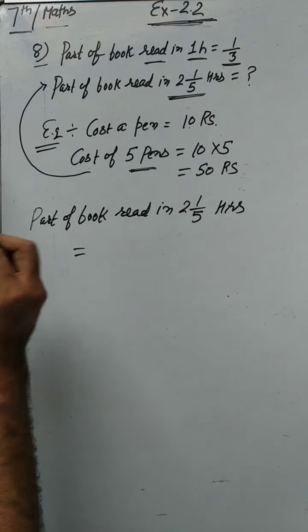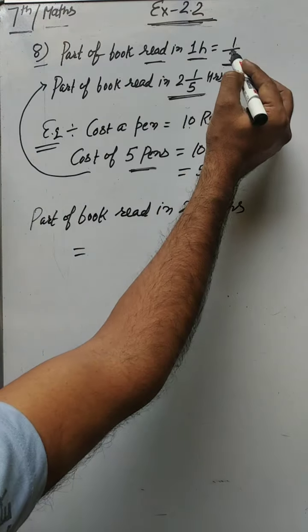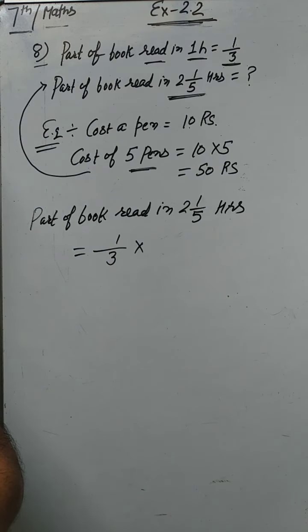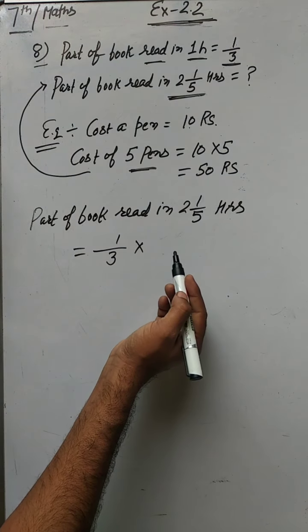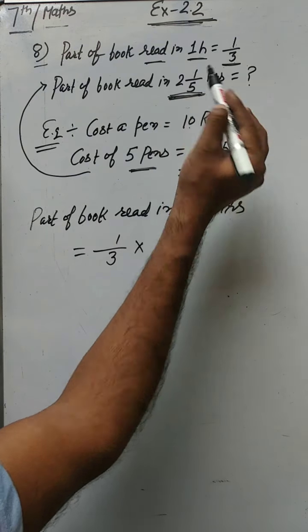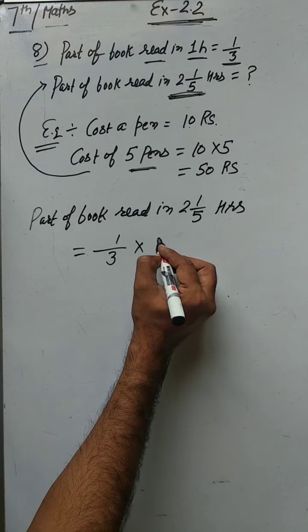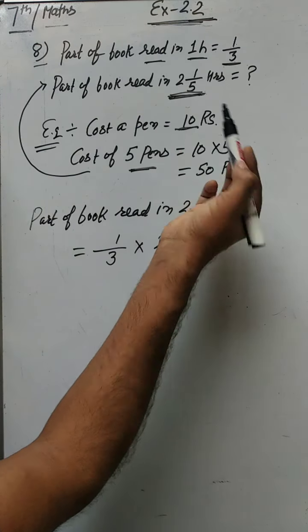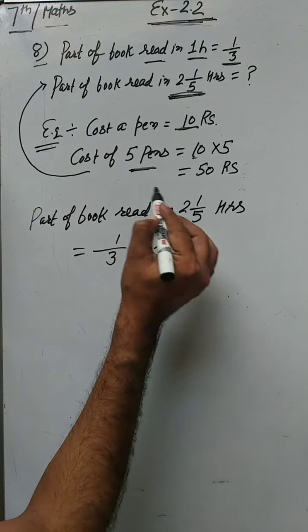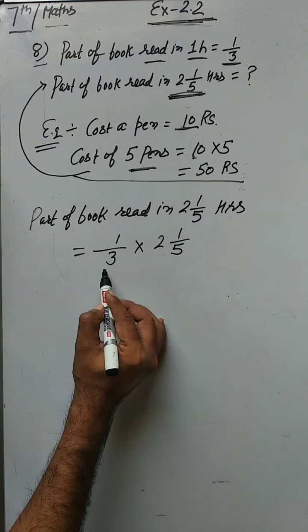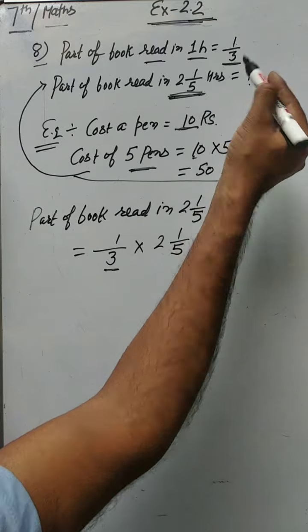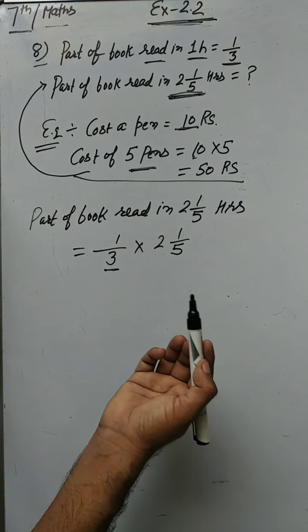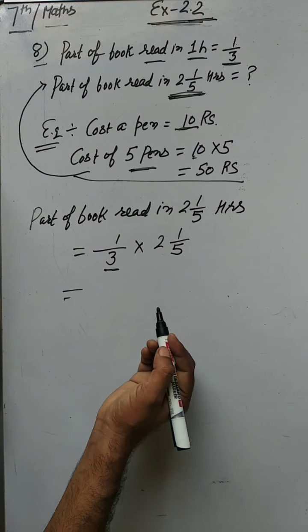Now beta look, the part of the book read in 1 hour is 1/3, and the part read in 2 and 1/5 hours is 1/3 multiply 2 and 1/5. As the cost of a pen is 10, the cost of 5 pens is 10 multiply 5, 50. So the part of the book read in 1 hour is 1/3, and the part read in 2 and 1/5 hours is 1/3 multiply 2 and 1/5.